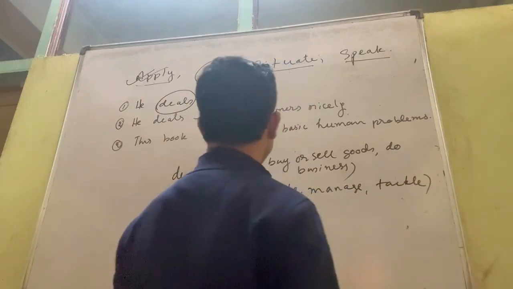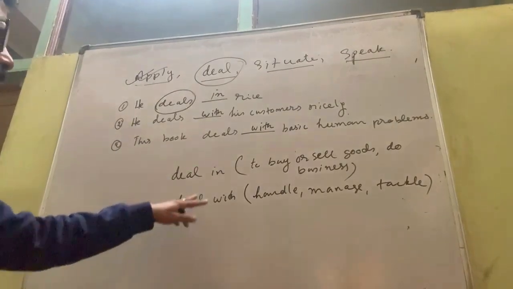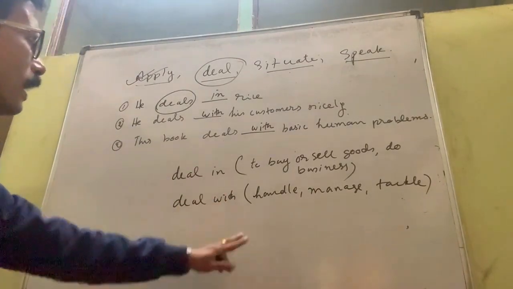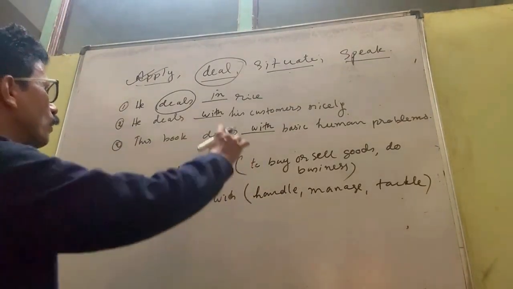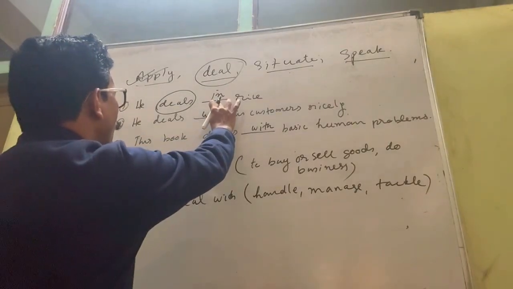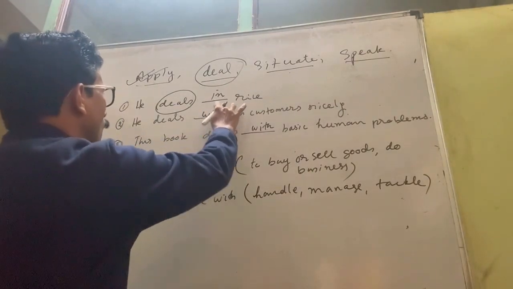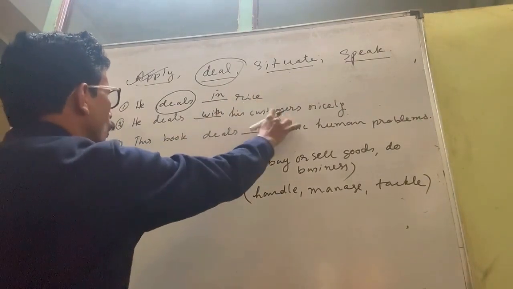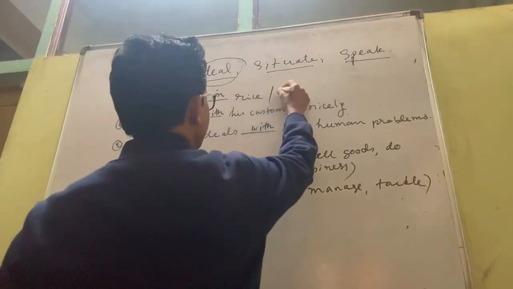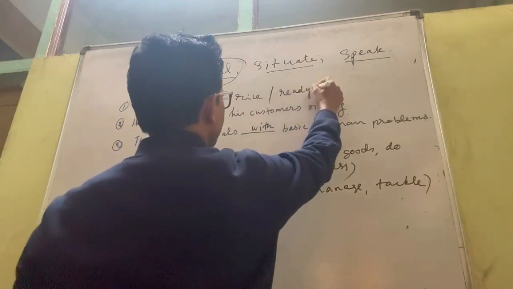That's the meaning of this. So from the meaning of deal in and deal with, you can easily understand what will be the preposition according to the context. He deals in rice, he deals in ready-made garments.